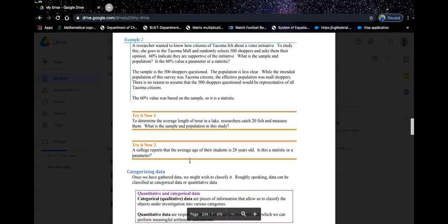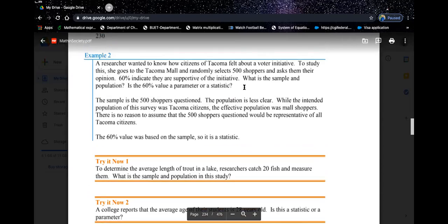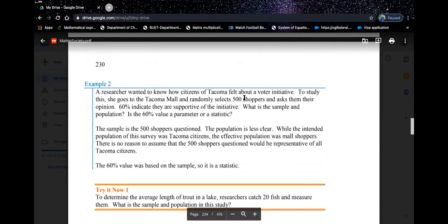What is the sample and population? Now, is the 60% a parameter or statistic? Don't look at the solution as yet. We want to see what we can derive from this information. Let's hide the solution first.